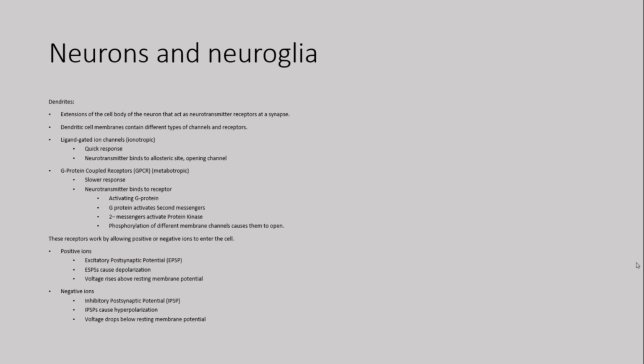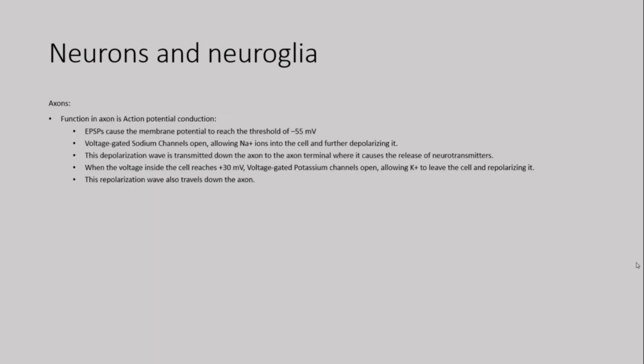Then we will initiate an action potential. Or we can have an influx of negative ions or efflux of positive ions. Either way, it will lead to something we call an IPSP, and this will hyperpolarize the cell, right? And this will make it harder for us to initiate and conduct an action potential.